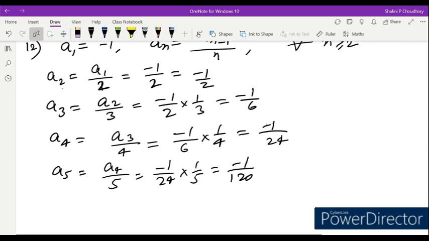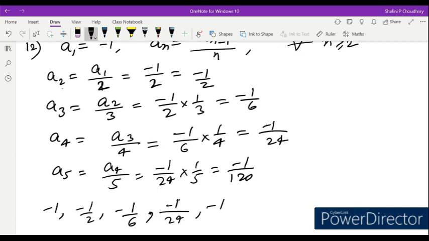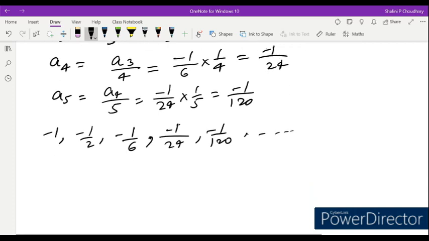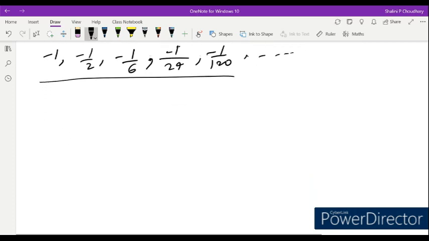Okay, so the sequence will be minus 1, minus 1 upon 2, minus 1 upon 6, minus 1 upon 24, and minus 1 upon 120. These are the first 5 terms.